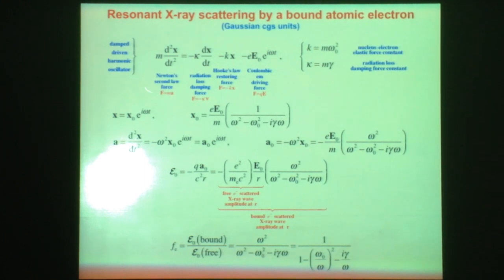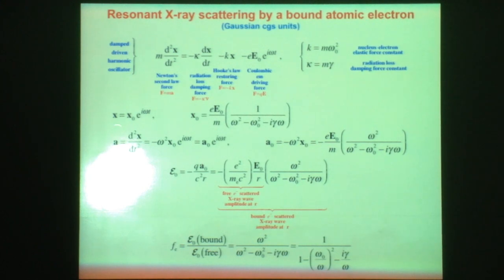And when we go through considering the solution of this much more elaborate differential equation of motion for this electron under the influence of the incoming radiation, experiencing its attraction to the nucleus, and being damped by the loss of the radiation it's emitting, again a differential equation of this form has a solution of this form, x naught times e to the i omega t.